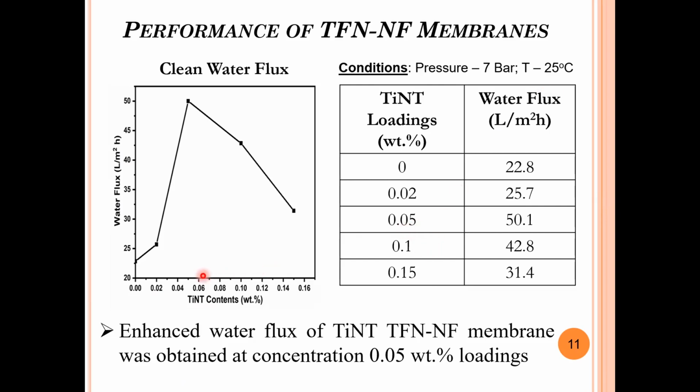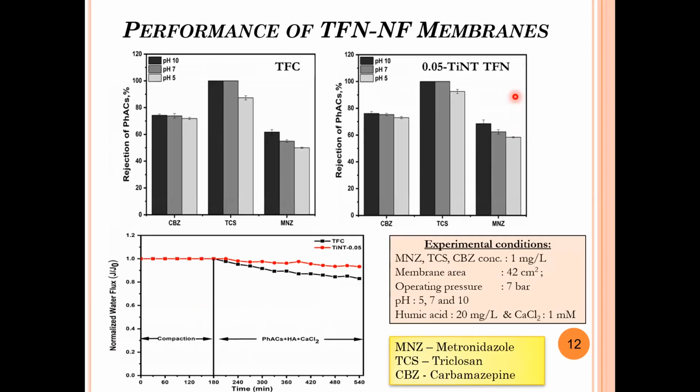For the best case of 0.05% TiO2 loading, we were able to get a water flux of 50.1 liters per meter square. We would suggest that if you want to go for a TNT membrane, we can support 0.05 weight percentage.